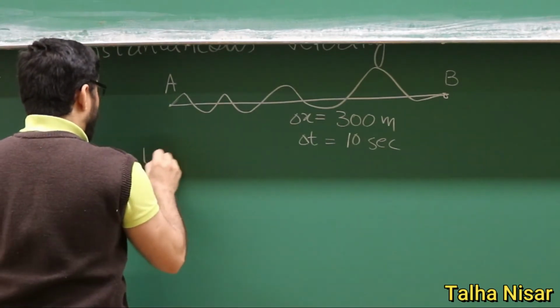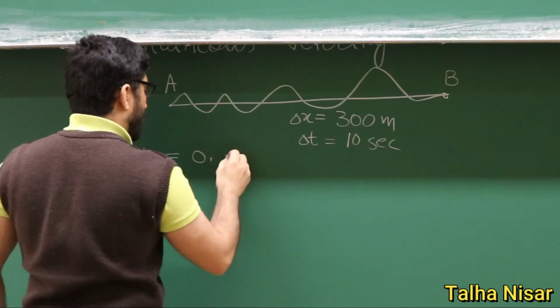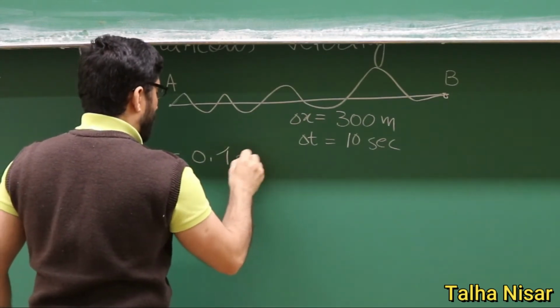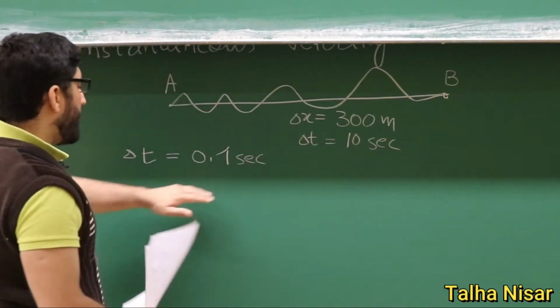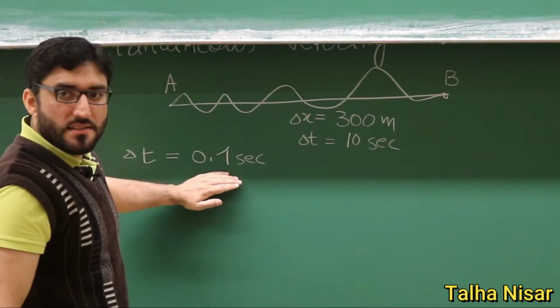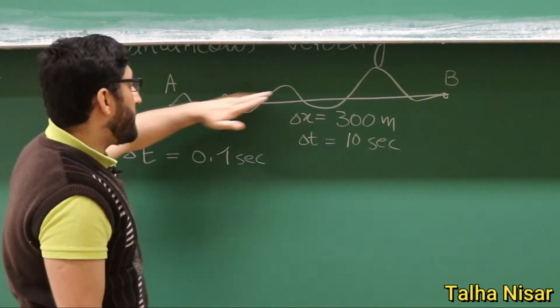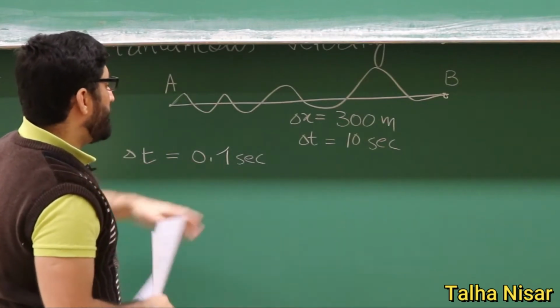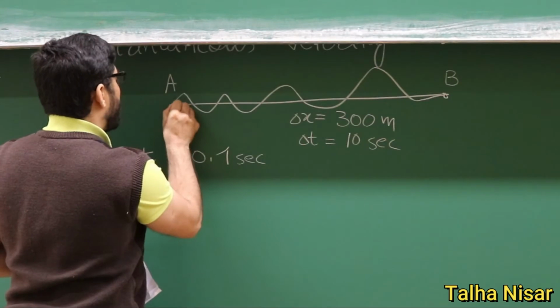If we take the time delta t equal to 0.1 second, which is much smaller than this one, then in this short time the object will also cover a small distance.